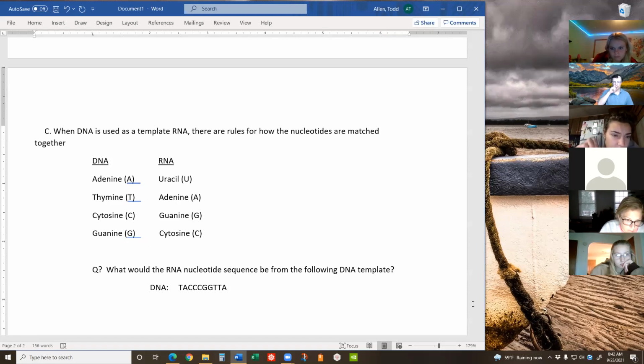Tony, I see your comment. I'll address that in just a second. What is the RNA sequence that will be made from this DNA template? What would the sequence be?